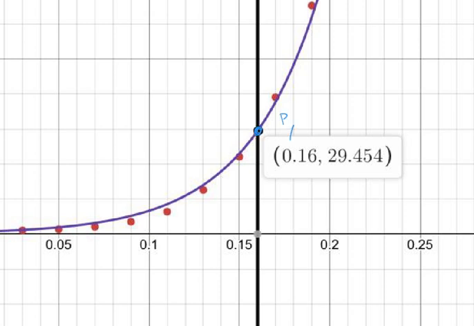So this is our blood alcohol content, and this is our risk. So at a blood alcohol content of 0.16, if that person chooses to drive, they are almost 30 times more likely to get into an accident than someone who is sober. Okay, that's what those numbers are telling us. Okay? They are 30 times more likely to be in an accident.